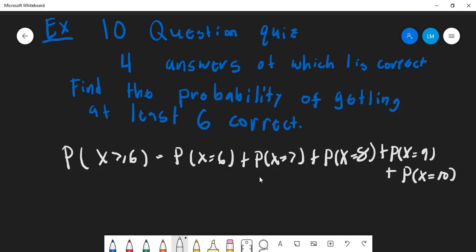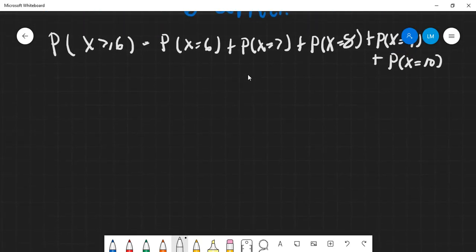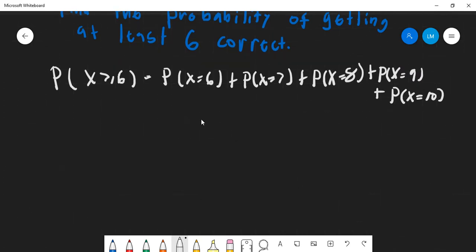So the easiest way that we can do this computation without having to do 5 different computations is, why don't we just use the complement? Because what we can do is take the complement from the probability that we get at most 5 questions correct, then this is actually going to give us the same thing, but a shorter method.